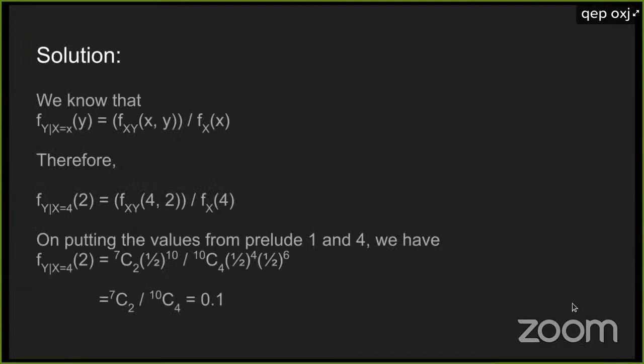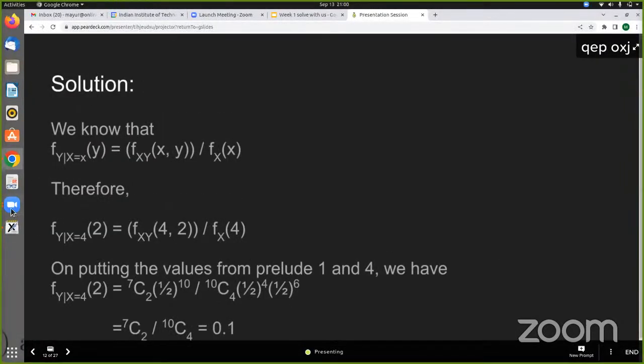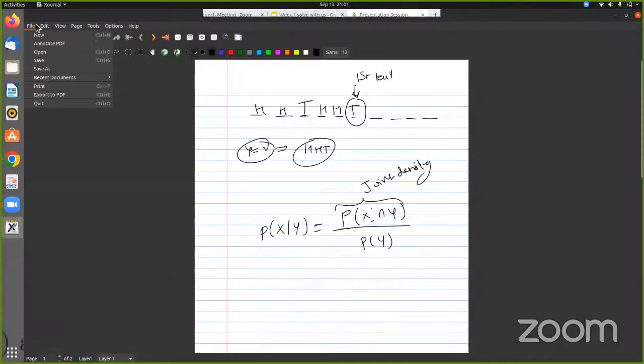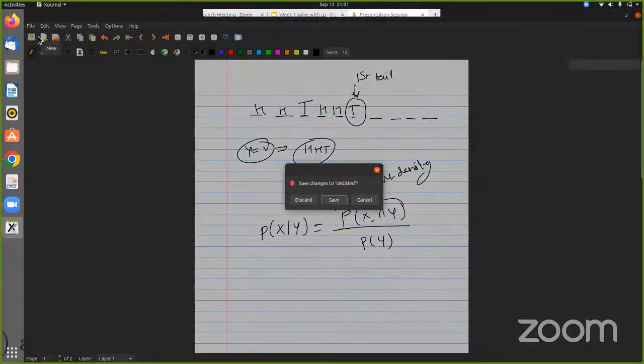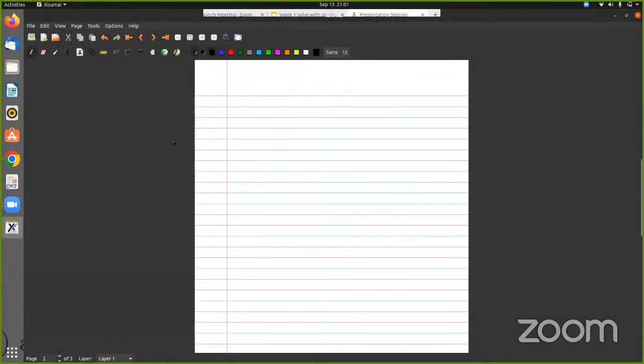Okay, so we know this formula, right? I'll just write it again. f_{X|Y=y}(x) equals what? f_XY(x, y) divided by f_Y(y), right?